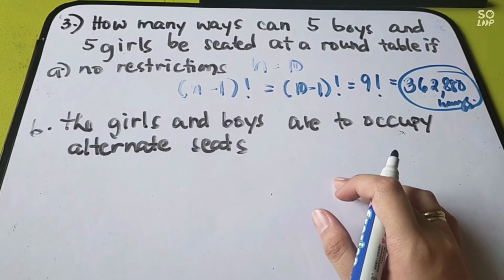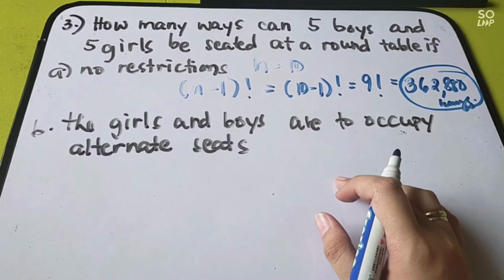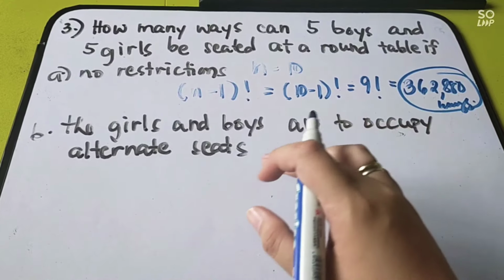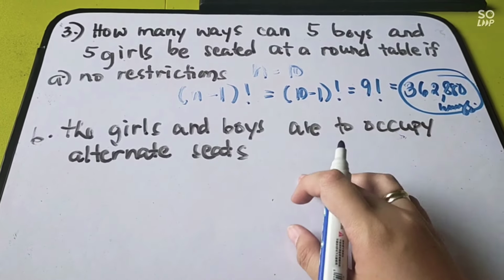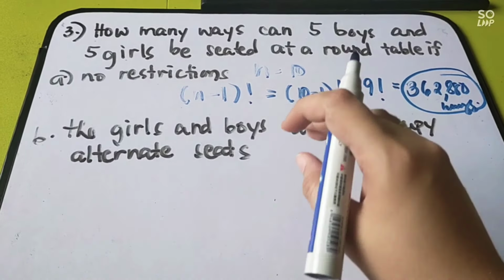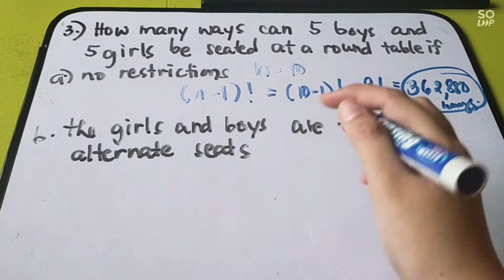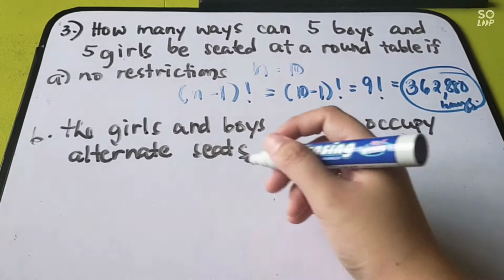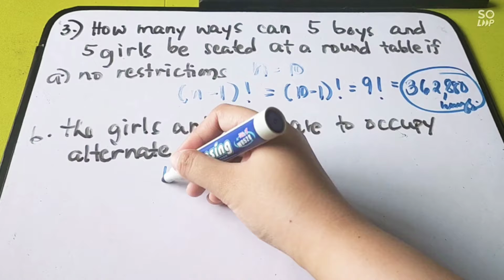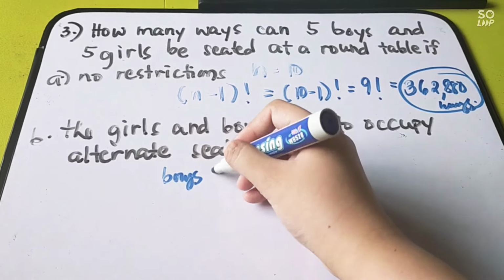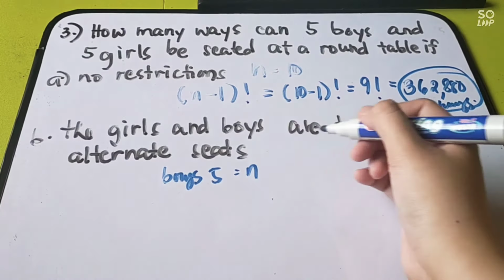We are going to find the number of ways that 5 boys can be seated around the table. Tsaka natin ipapasok si girls. Kapag boys within the round table, ang boys natin ay 5, so that is your n.